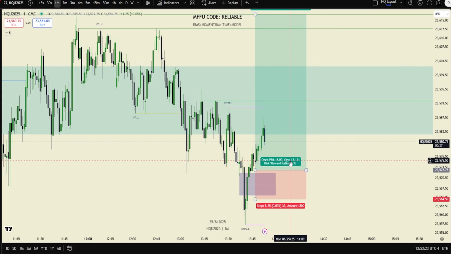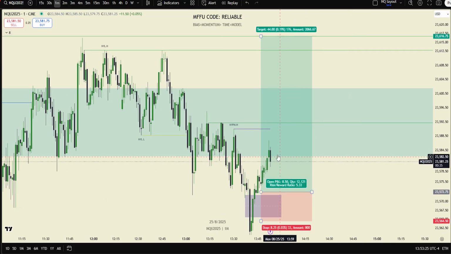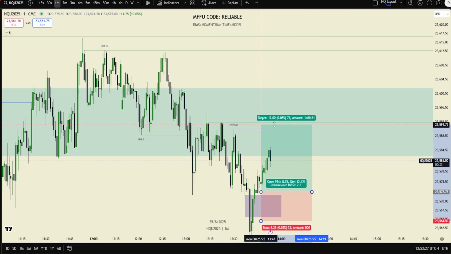This would be a 5R eval play if the whole thing hit. After scales, it would probably be closer to 3.